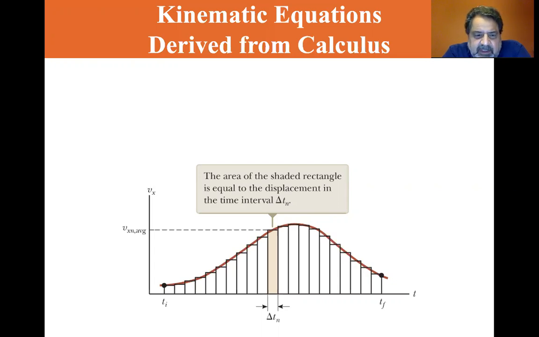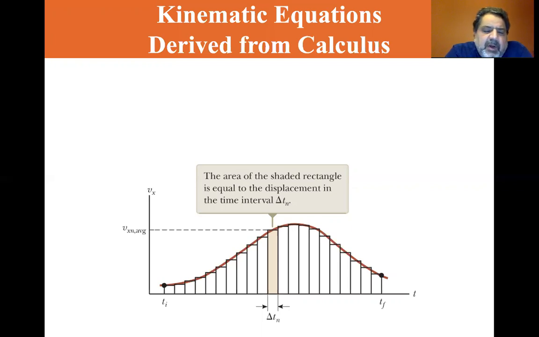So from t initial to t final, we come up with a small delta tn, and we come up with the area under that rectangle. You'll see that the top of the little rectangle is right at the midpoint of the curve.